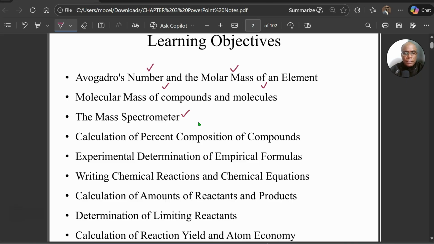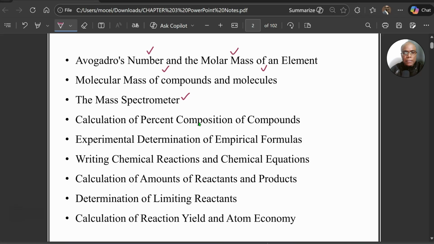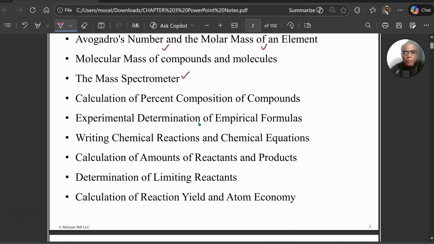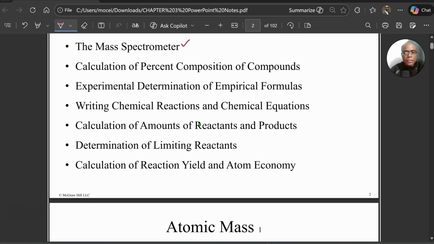We'll talk a little bit about the mass spectrometer, an instrument that is used to determine masses of chemical combinations, element combinations or compounds. And we will calculate the percent composition of compounds, something we already know how to do.